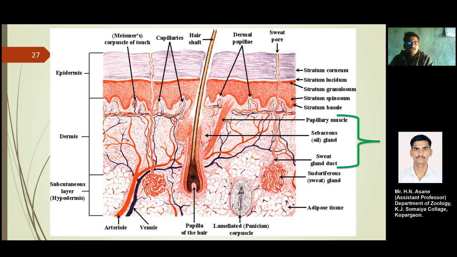In the dermis region, you can see the papillae that provide mechanical support as well as metabolic support to the epidermis. They connect the dermis region to the epidermis region by providing mechanical support to the epidermis.